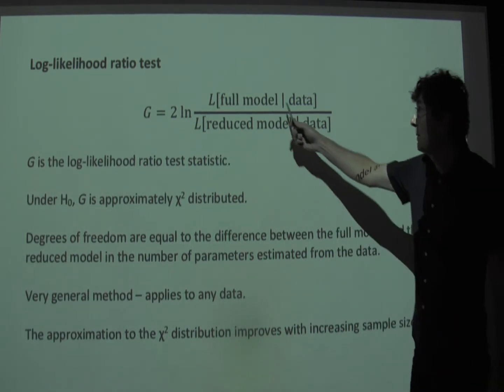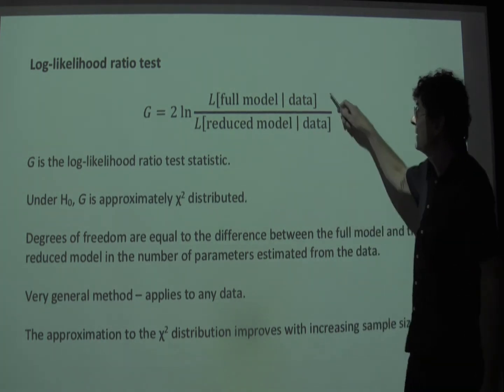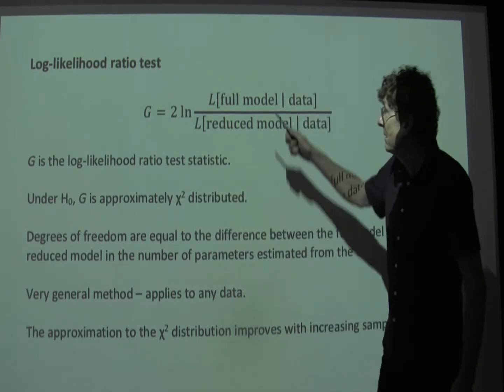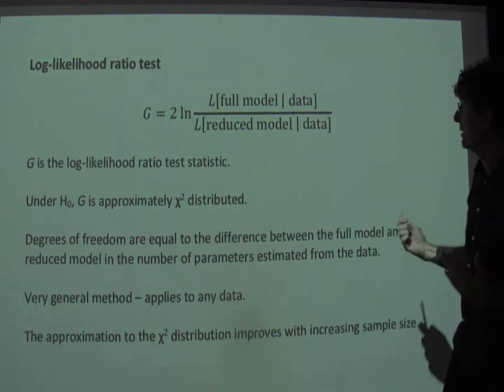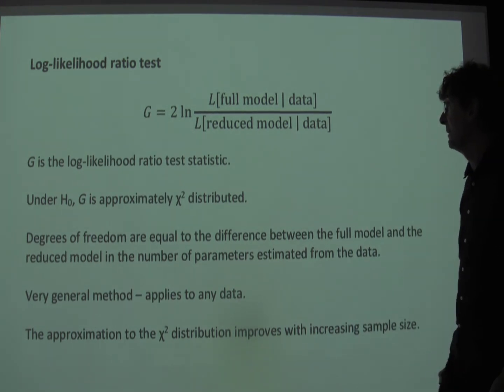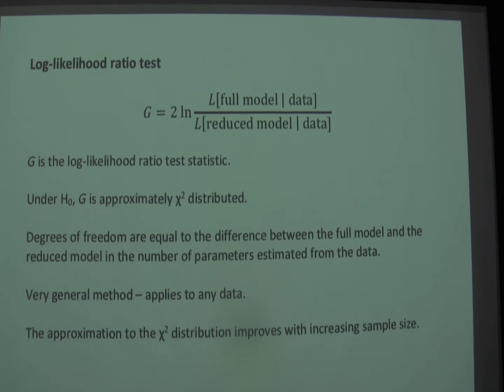So the full model always has more parameters than the reduced model, by definition, so this number is always greater than 1. And what we ask is whether this ratio is sufficiently large to reject the null hypothesis of no improvement in fit. And we use the chi-square distribution to decide that, in the same way that we use the F distribution in an ANOVA table.